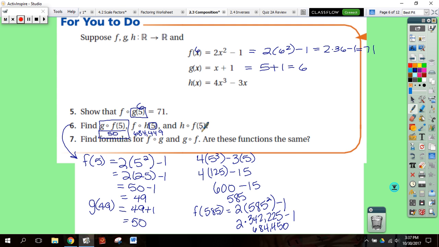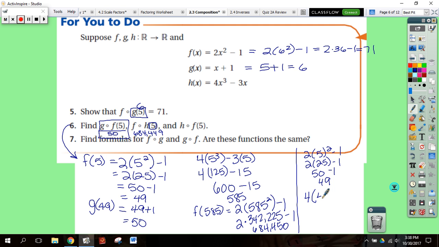And now we're going to reverse these two. So we're going to do h of f of 5. The first thing we're going to do is take 5 and plug it into the f function. So 2 times 5 squared minus 1, so 2 times 25 minus 1, 50 minus 1 is 49. Now we're going to take this and plug it into the h function.